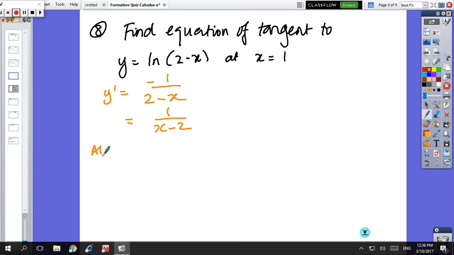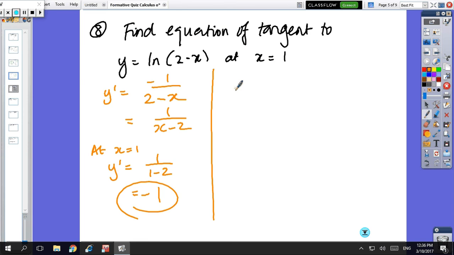Okay, so at x equals 1, y dash equals 1 over 1 minus 2. So the gradient is minus 1. We need to find the y value, so at x equals 1, y equals log of 2 minus 1 equals log of 1 equals 0.